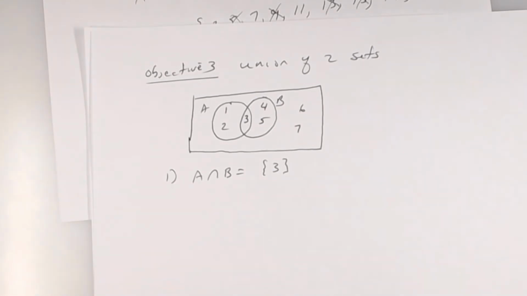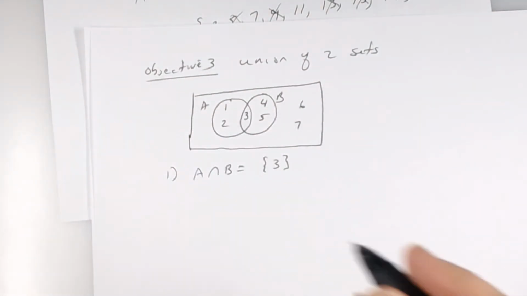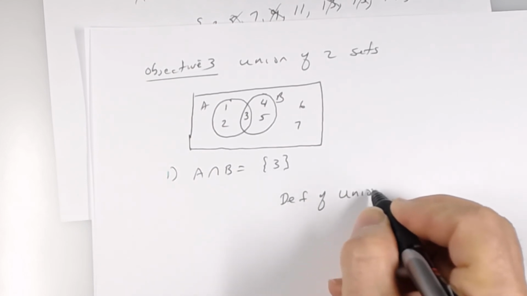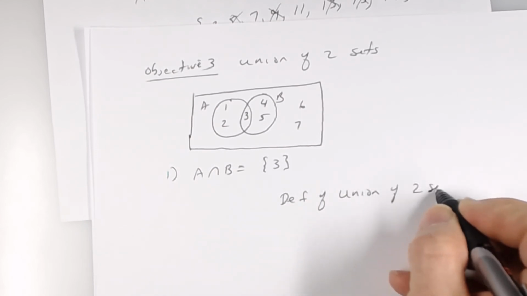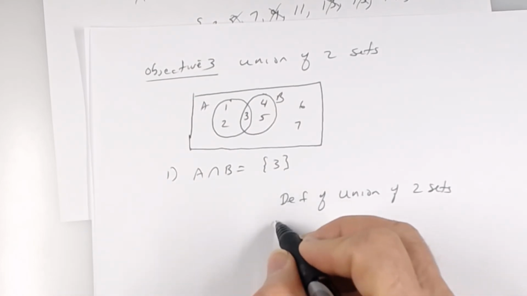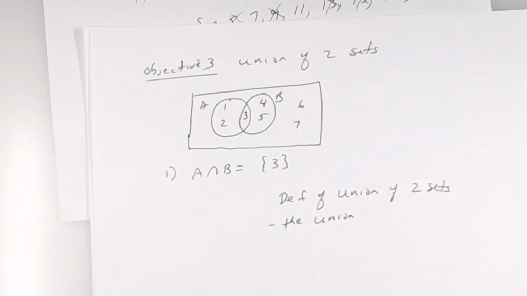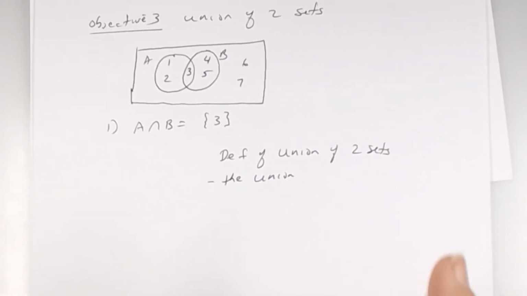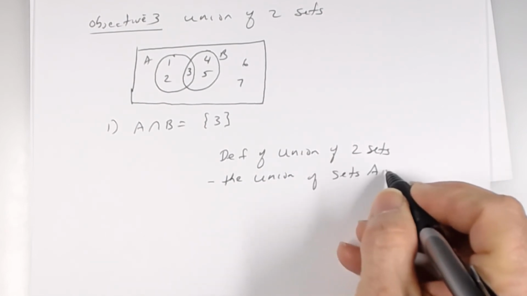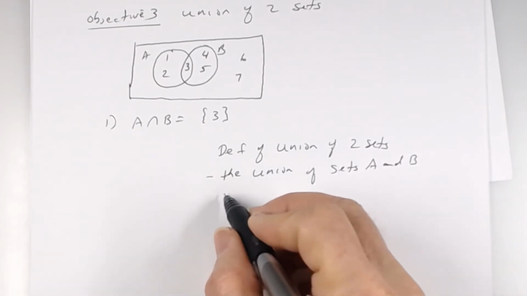Let's talk about union with this case. So here's a definition of union, and then we're going to come back and look at this. So definition of union of 2 sets. Okay, so the union of sets A and B, and here's how it's written.